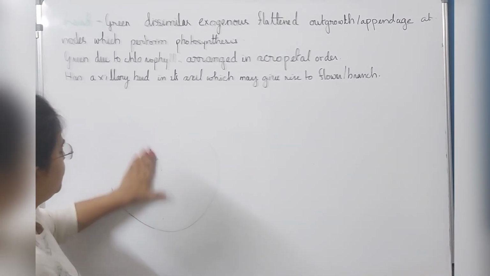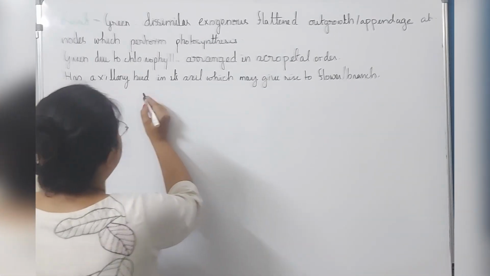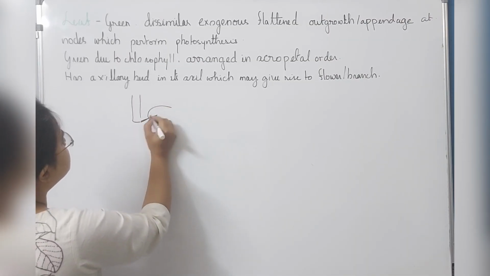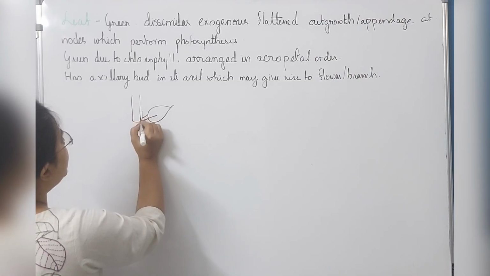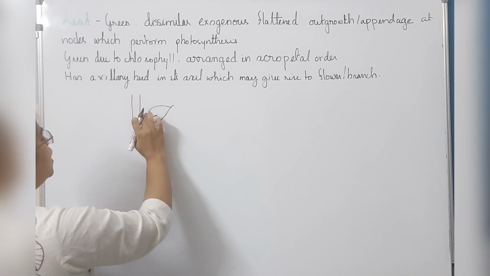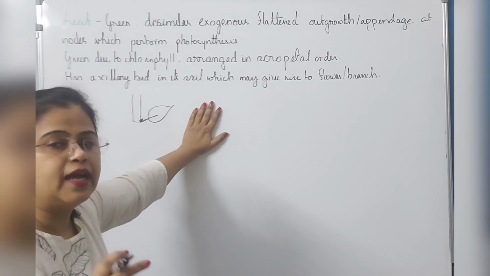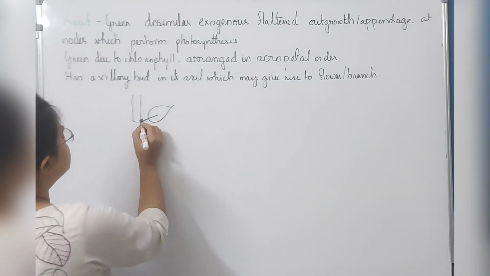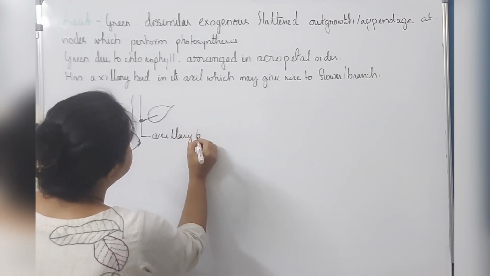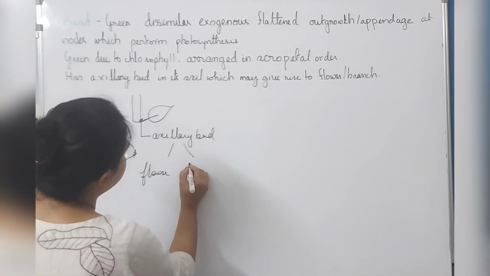Now leaf has axillary bud in its axil. What is the axil? ये स्टेम है, ये इसका नोड है. This is the leaf. ये जो एंगल बन रहा है ना, this is called axil of the leaf. Okay और यहां पे there is always a bud present, that is called the axillary bud and that bud may give rise either to a flower or to a branch.